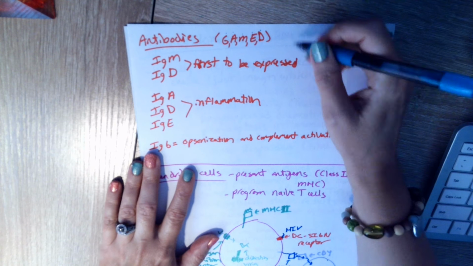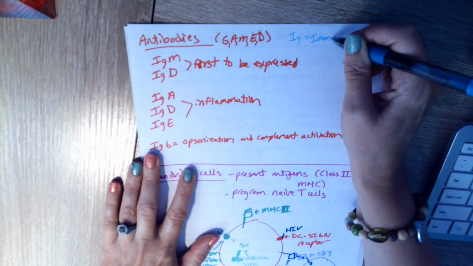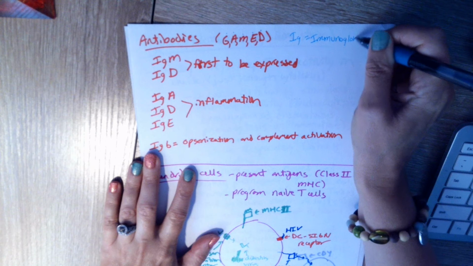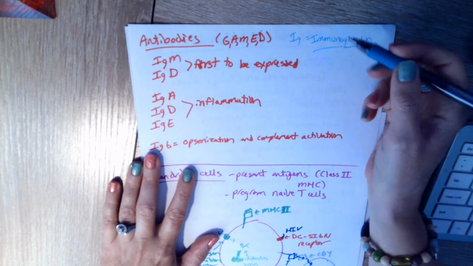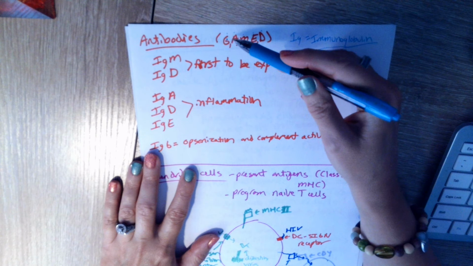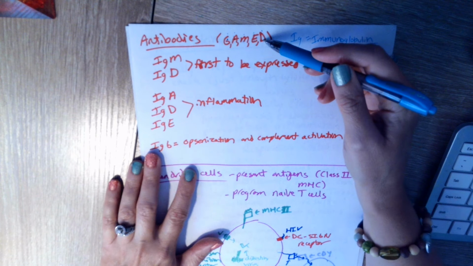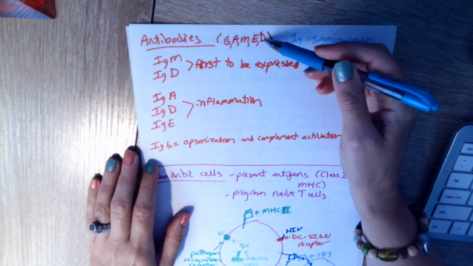So each one will start with Ig for immunoglobulin. Globulin is a type of protein, and immuno for immunity, so it's a globular protein for immunity, and then this letter type is going to essentially dictate how this antibody is going to act, generally speaking.